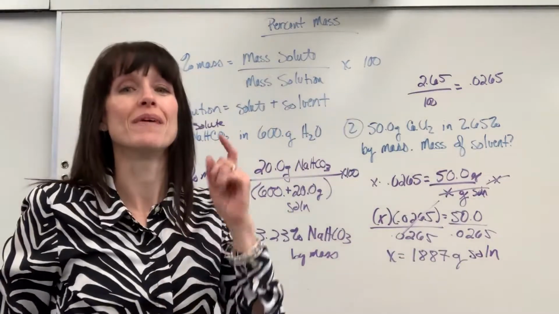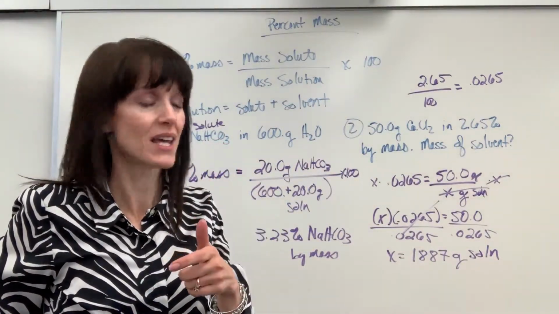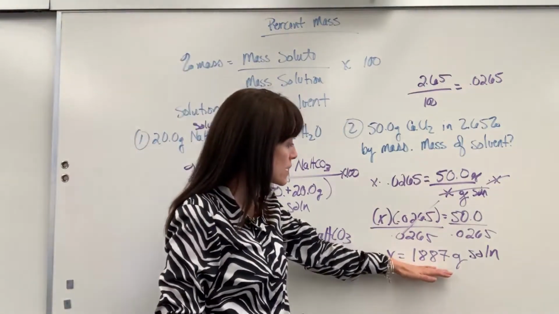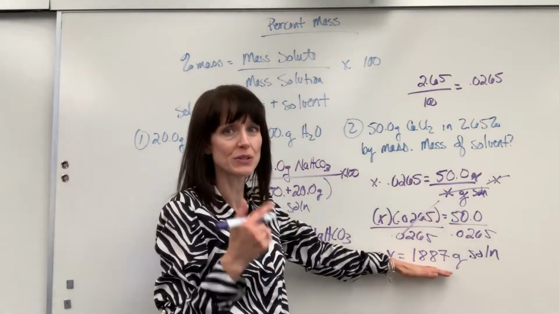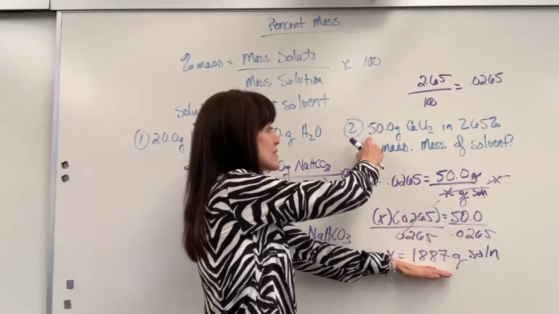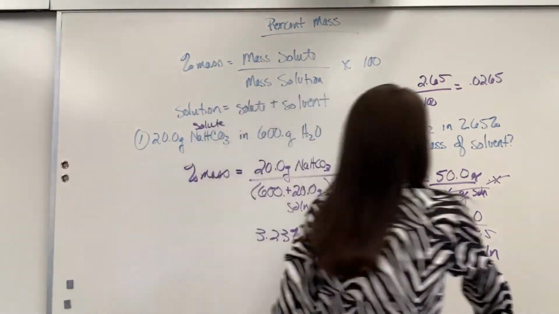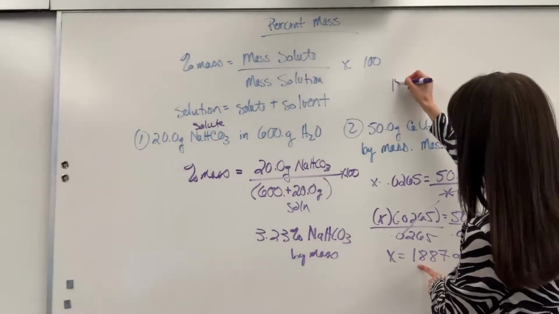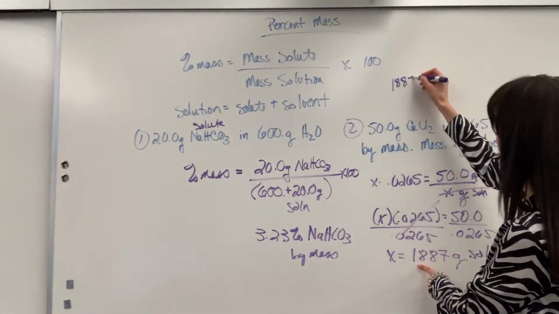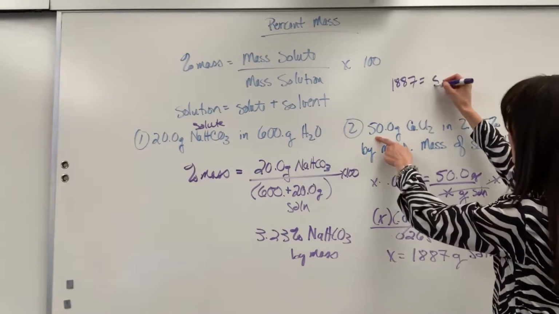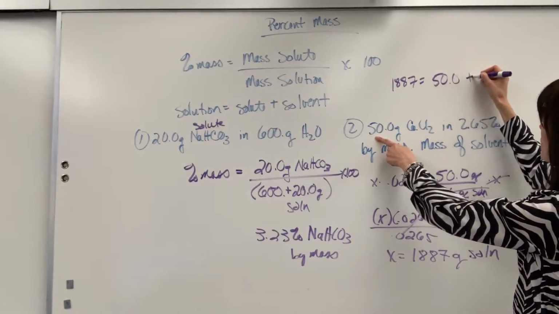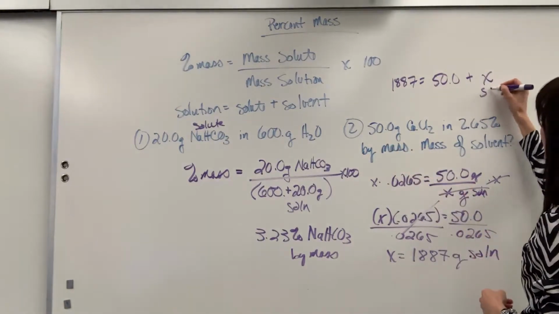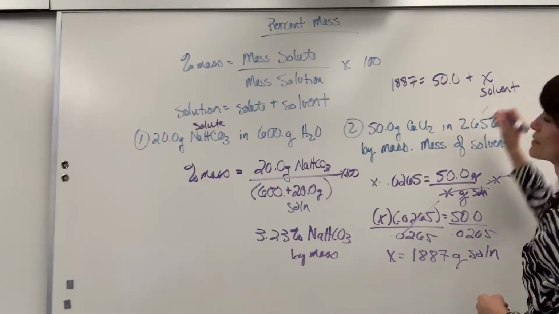Now, I want the mass of just the solvent. So I know this number down here represents solute plus solvent, and there's my solute. So let's do this together. We're going to say that the solution, 1,887, equals the mass of the solute plus the mass of the solvent.